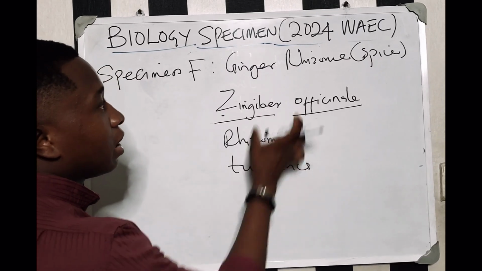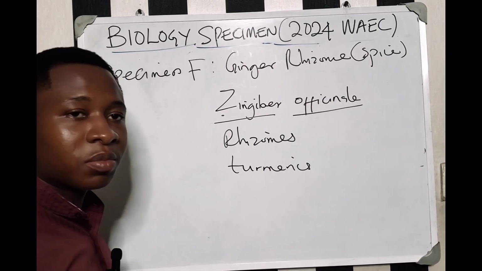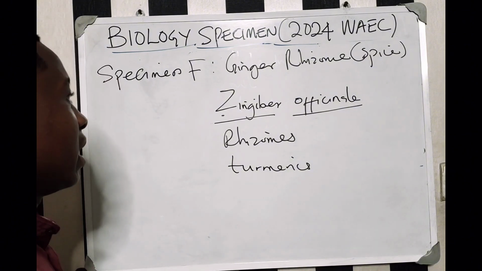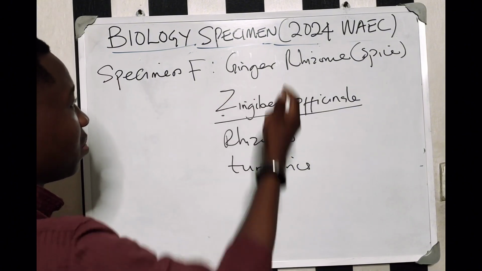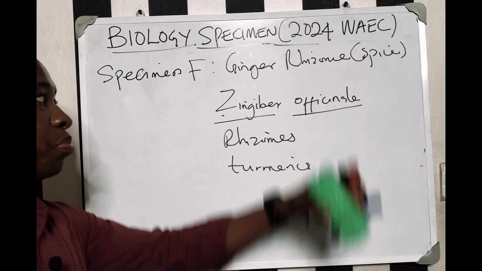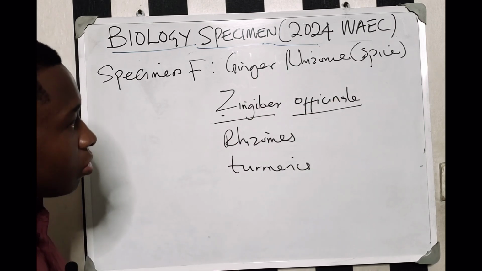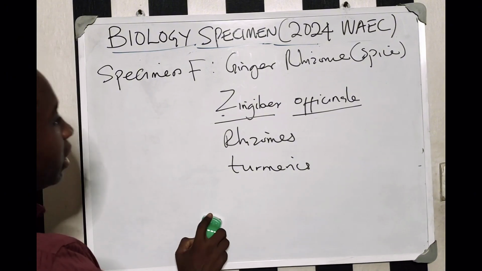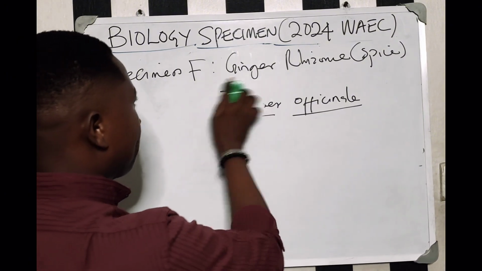They are propagated by the rhizomes. Those are possible questions that can emanate from specimen F, the ginger rhizome. So that is that about specimen F.